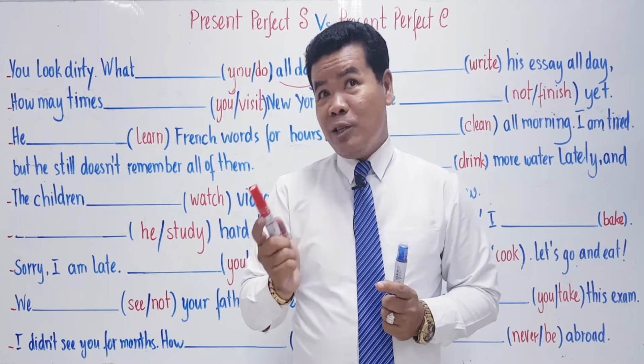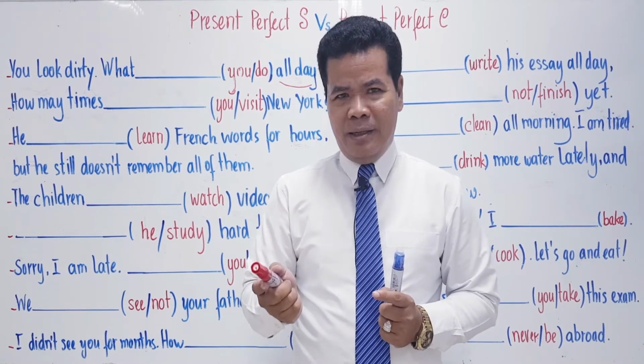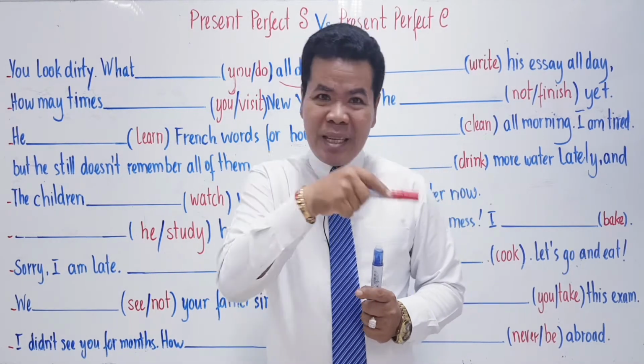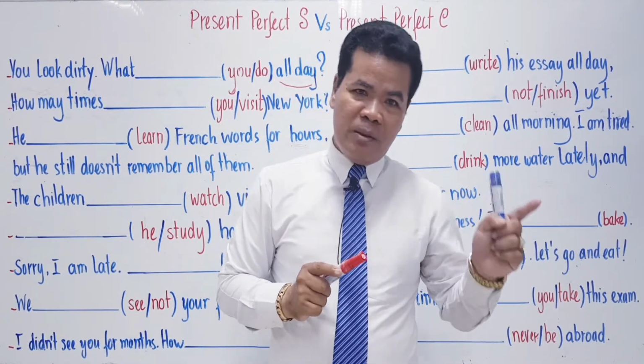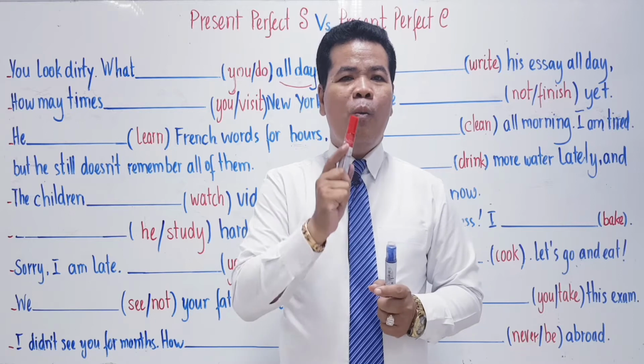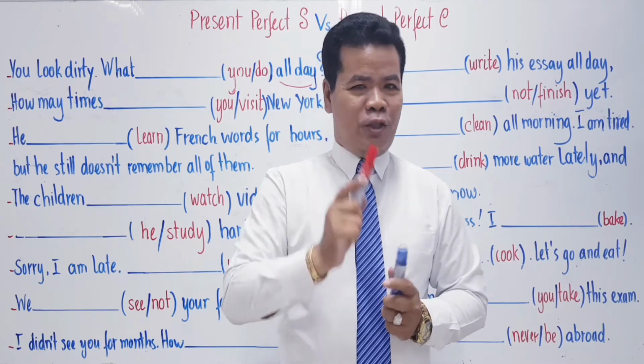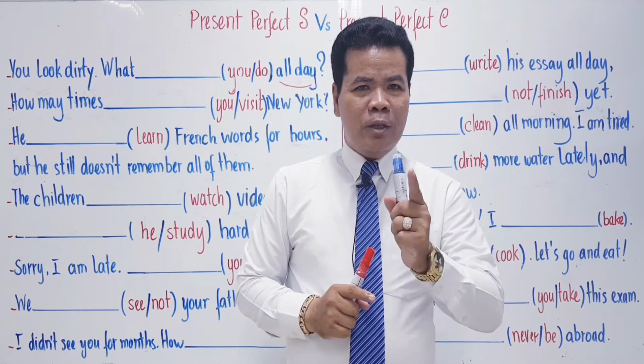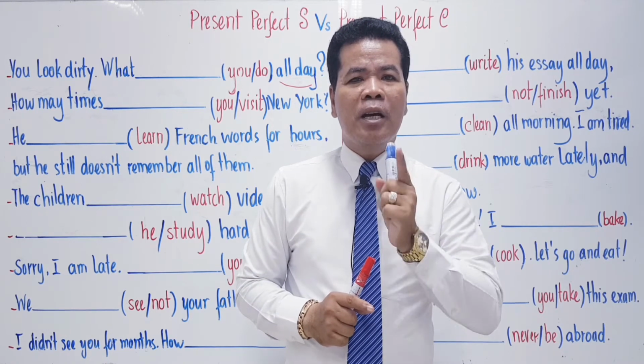The action happened in the past, started in the past, and stopped recently with the result in the present. So what are you going to choose? First step: you choose present perfect continuous.